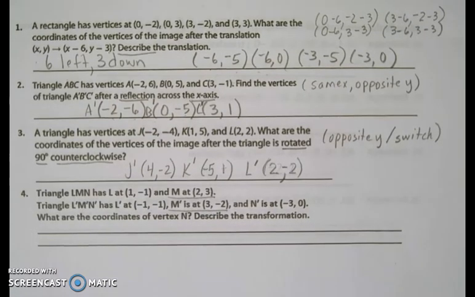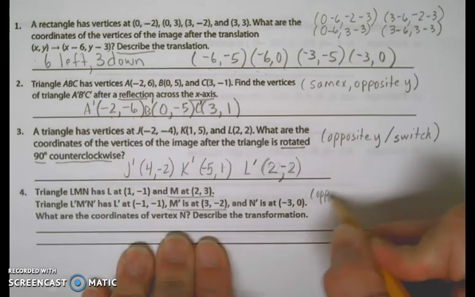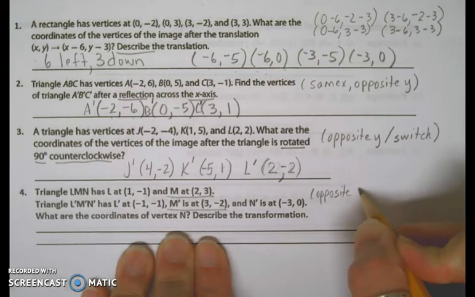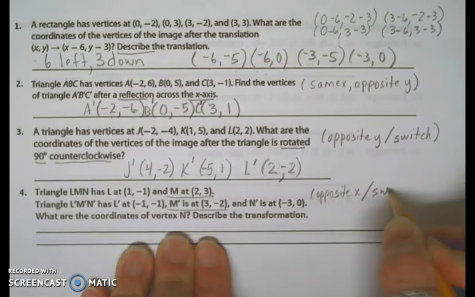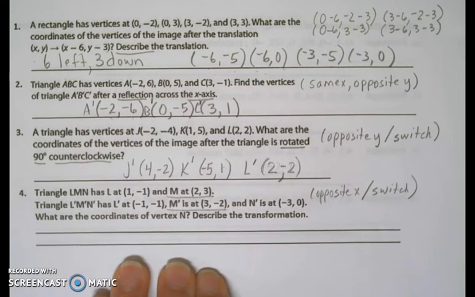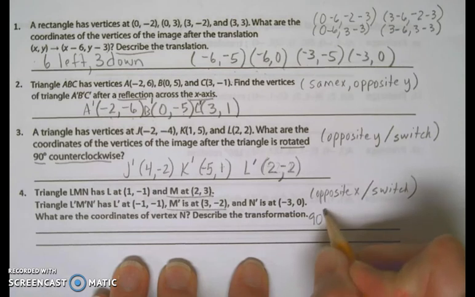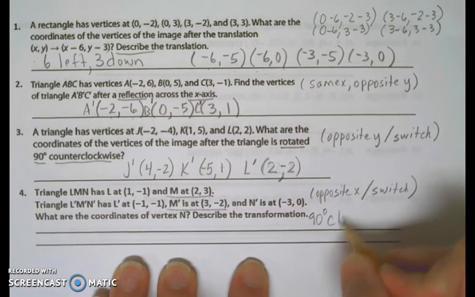So we're going to look at it and say, okay, what did we do? Well, we did opposite x, switch. Opposite x, switch means we did a 90 degrees clockwise move.